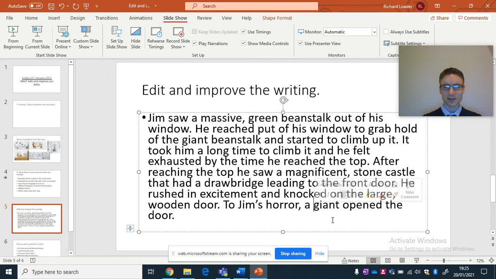Strange, mysterious. Scary, I think, isn't it? Because Jim's going to be worried about meeting him. He's never seen him before. A scary giant opened the door. Okay. So I know I've just edited what I had. You may wish to take what you had and pick a section and then improve it.